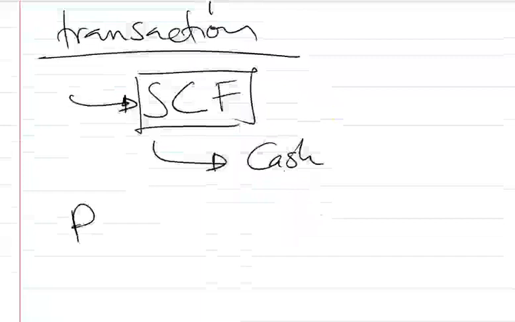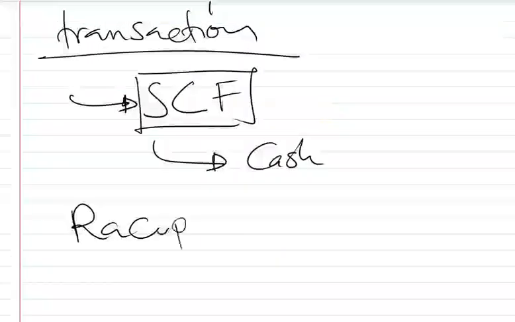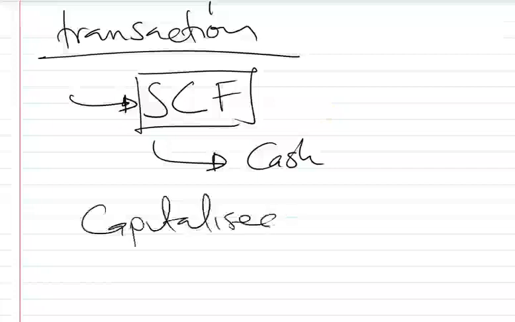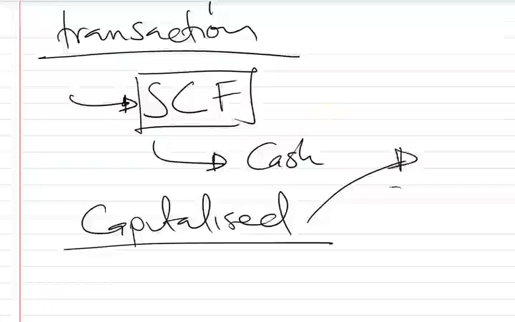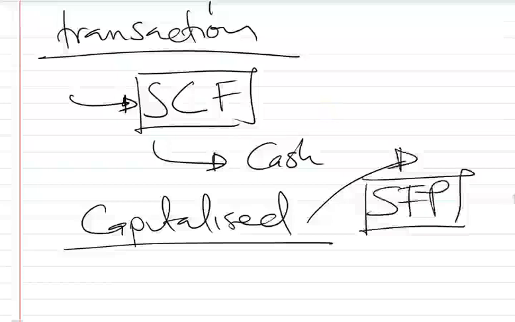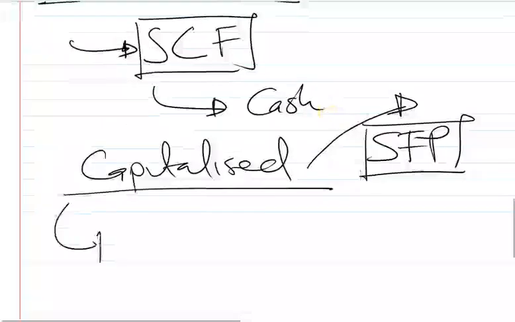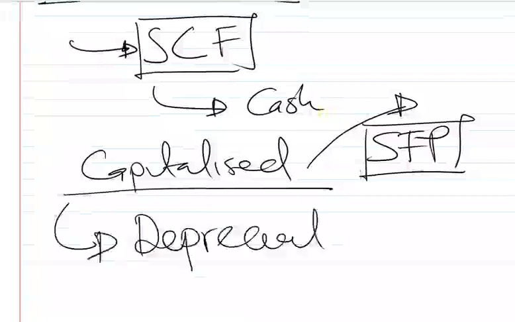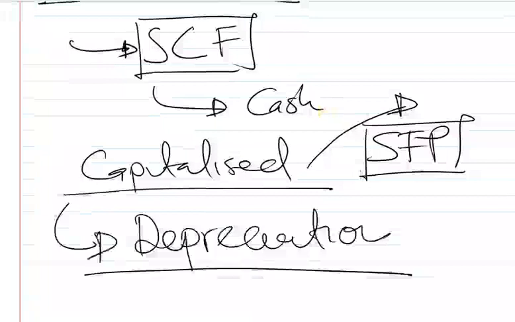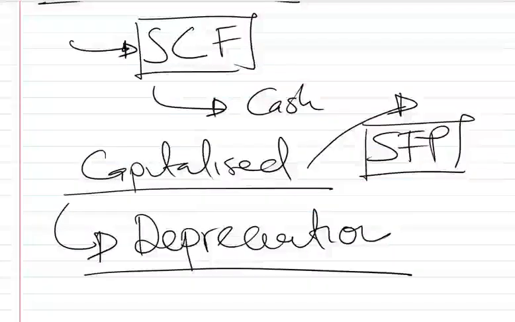Rather, I will capitalize the asset, but when I say capitalize, I mean it will appear in the statement of financial position. That's why it goes under assets. But yearly, I'm going to show an expense of depreciation. Here I'll be showing depreciation as an expense. We'll talk about this in detail when we come to these statements.